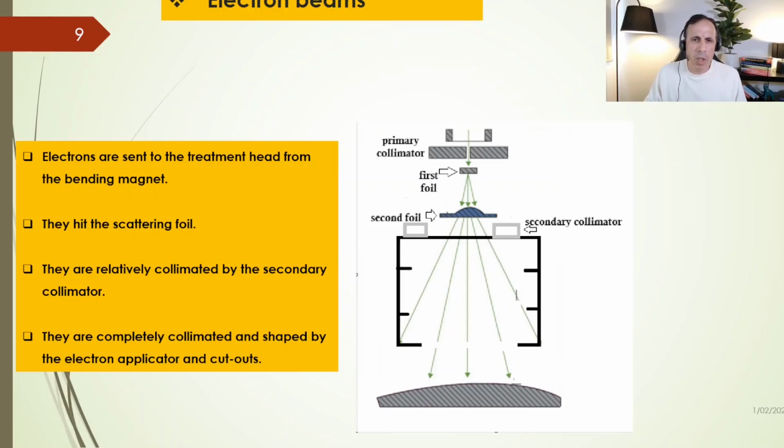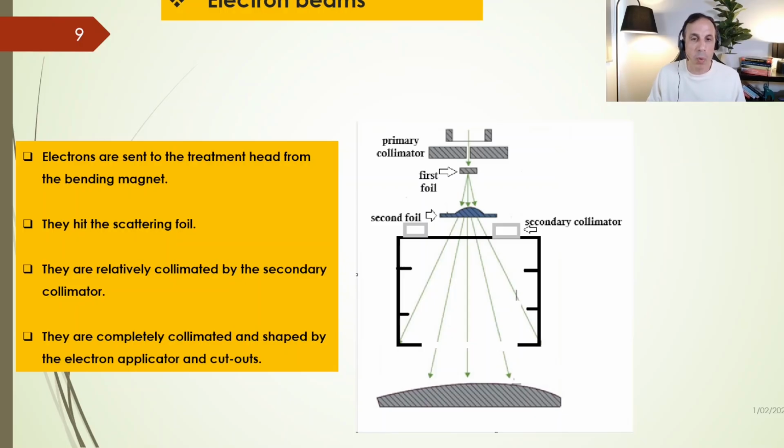From the upper side of the figure, we can see that the pencil beam exits the bending magnet and passes through the primary collimator. It then strikes the scattering foil, which is a very important part of the treatment head, where the beam is flattened and spread out. And in this figure you can see that we have two foils here, first foil and second foil.